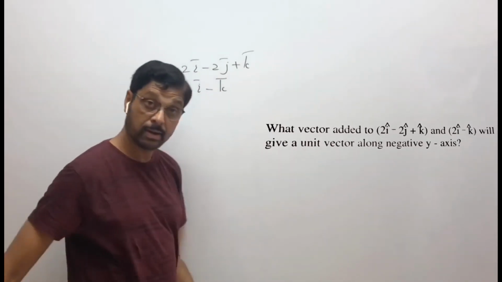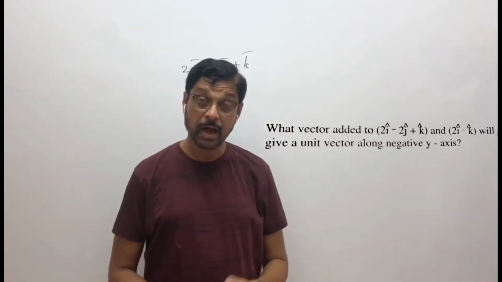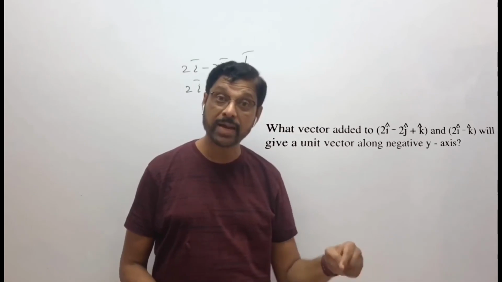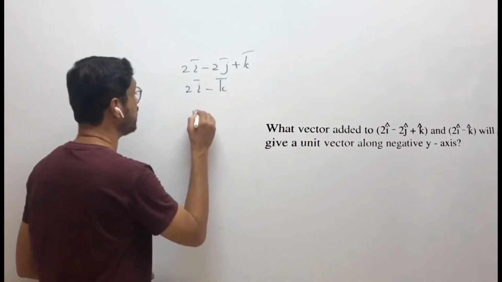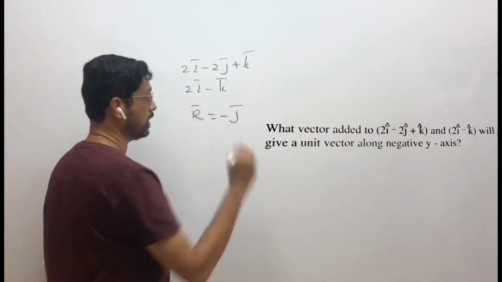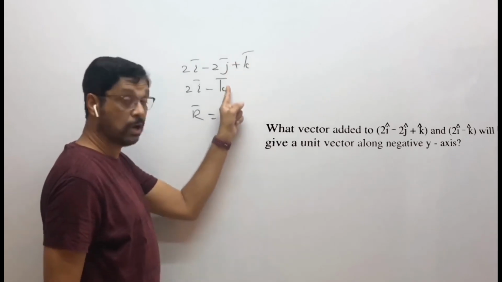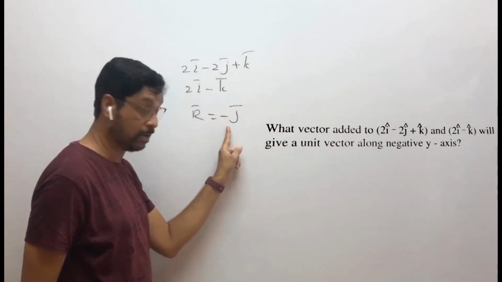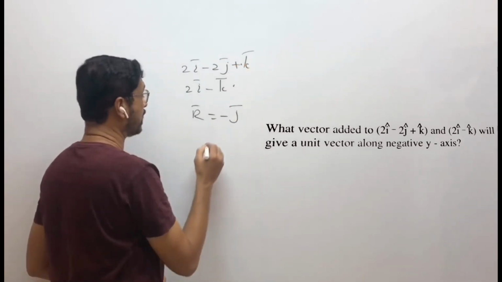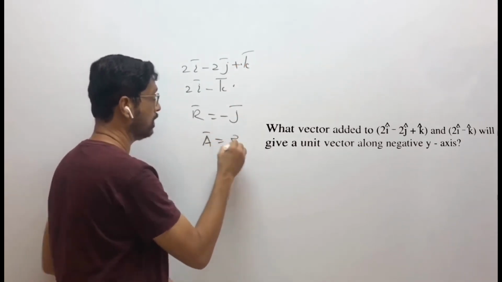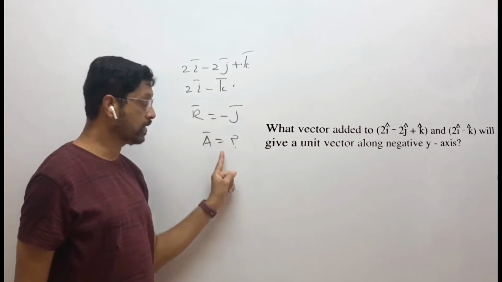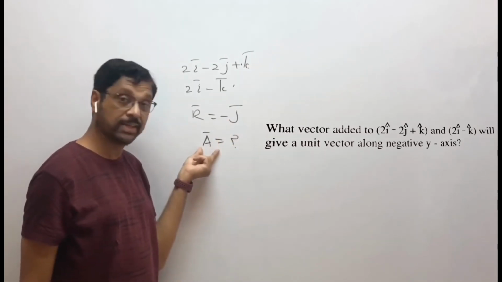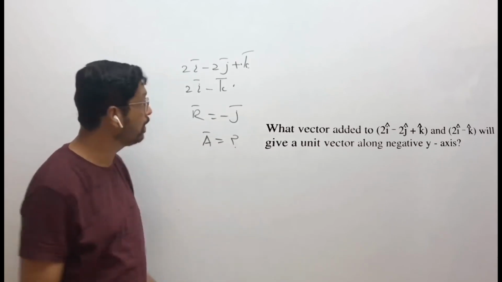If you remember, i, j and k, हमको चाहिए unit vector in negative y-axis, मतलब minus j, मतलब resultant क्या आना चाहिए हमारा, minus j. तो इन दोनों में कौन सा vector add करने पर ये resultant मिलेगा, that is the question. तो समझो इन दोनों में हम add करते हैं suppose vector A, तो हमको resultant मिलेगा minus j. You have to find this A, very simple.